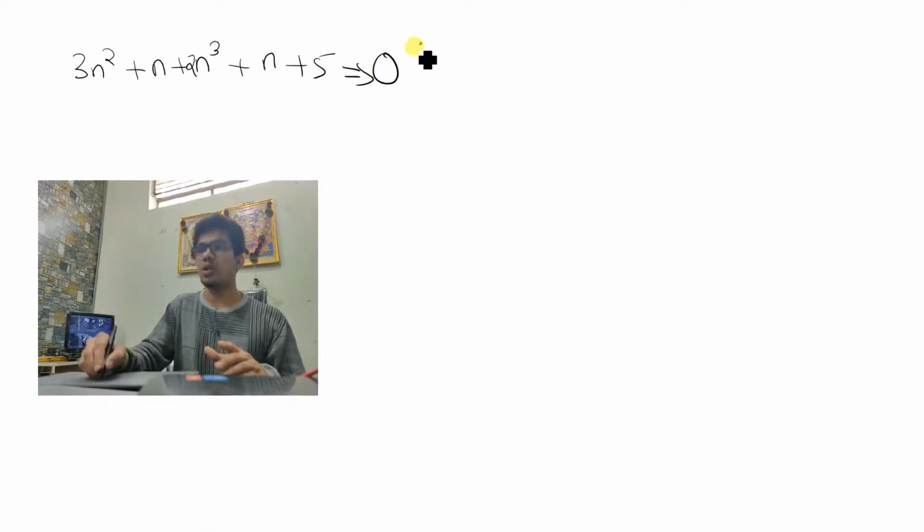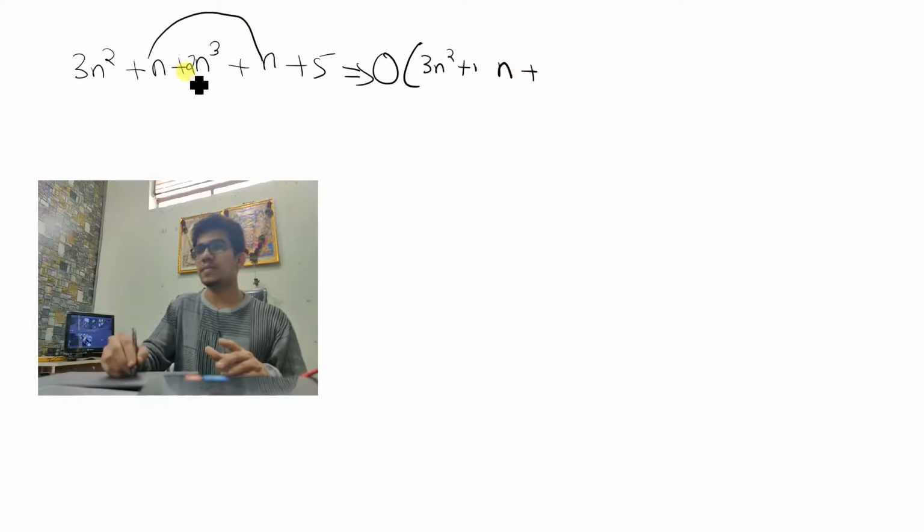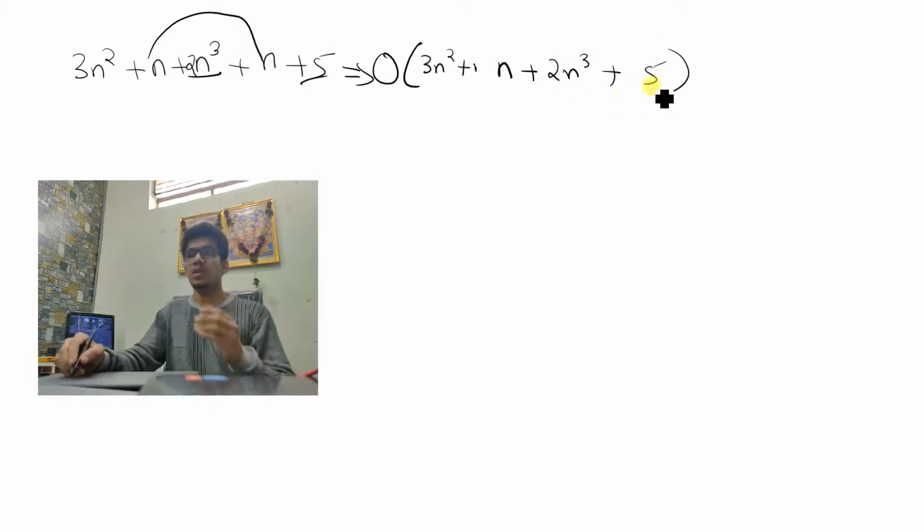So it's the order of 3n square plus n plus n. What is n plus n? That is 2n plus we have 2n cube plus 5. Now 5 is there, right? Don't think 5 is nothing, 5 is 5 into n to the power 0, because n to the power 0 is 1, and I can write it as n to the power 0.